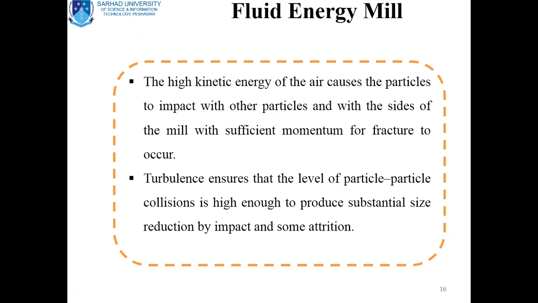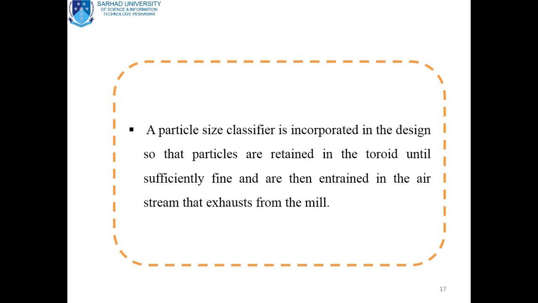The turbulence caused by the high kinetic energy ensures that the level of particle collision or striking is high enough to produce substantial size reduction by the impact mechanism and, to some extent, the attrition mechanism of particle size reduction.